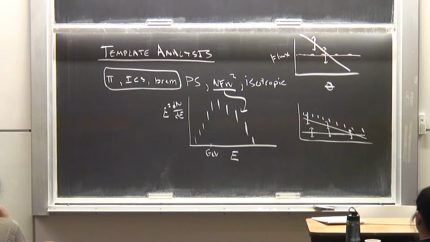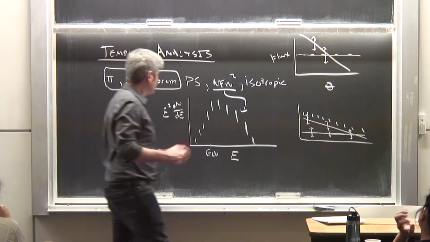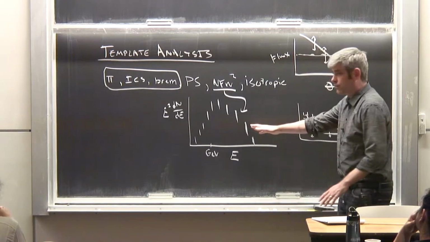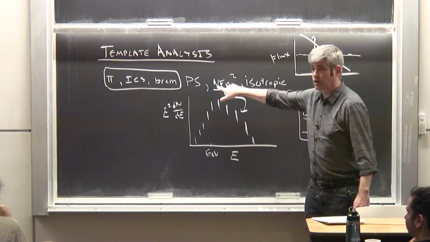So then when you say you get this excess by looking at the NFW squared template, does that mean you're only looking at the excess over what that particular function would? You're not including other contributions or anything else? No, you're including that. So the thing I'm calling the excess, and this goes back to Tom's question, the thing I'm calling the excess are the coefficients to this particular template.